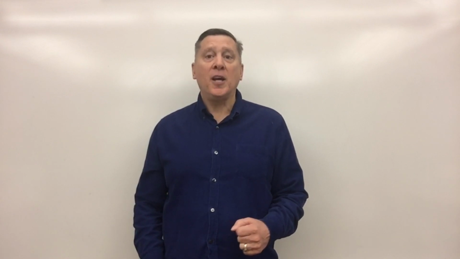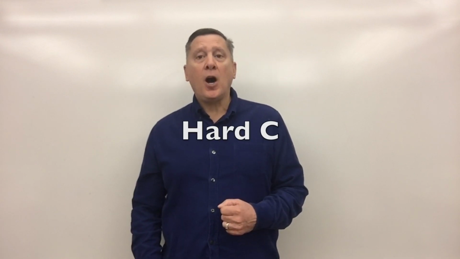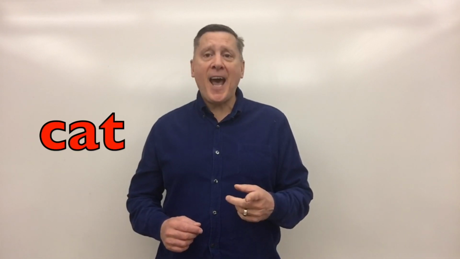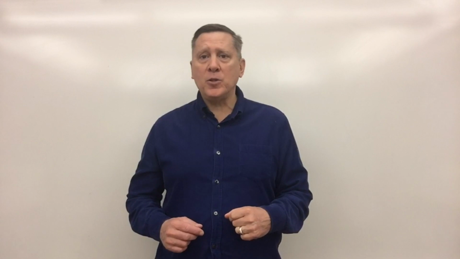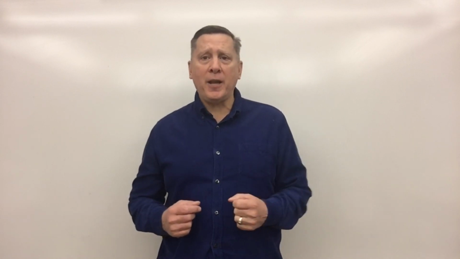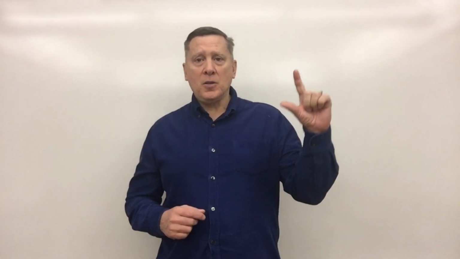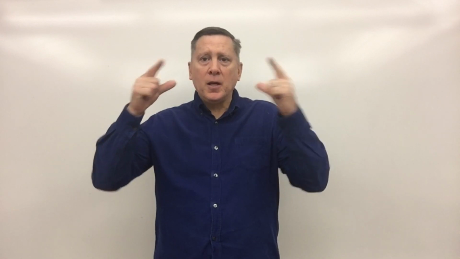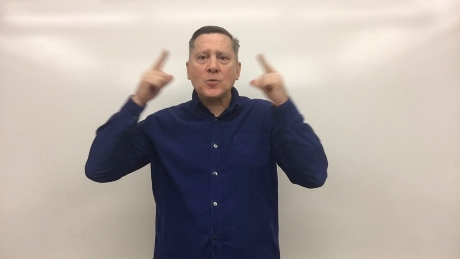The letter C also makes the K sound. We call that C a hard C. To learn how to remember the hard C sound, I think of a word that starts with hard C, like cat. And I think of the sign language we use for cat, because doing an action helps me remember some of the letter sounds better. For cat, you can take one hand or even both hands, and pinching these fingers together, you put them at your cheeks and you pull them out like you're pulling a cat's whiskers.